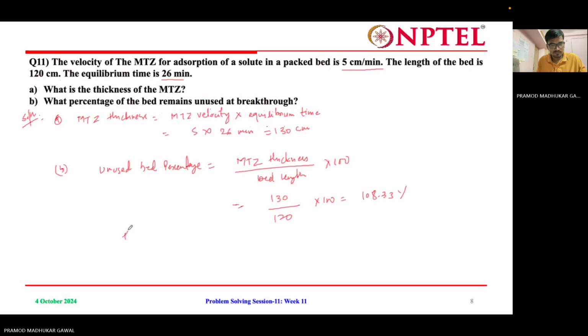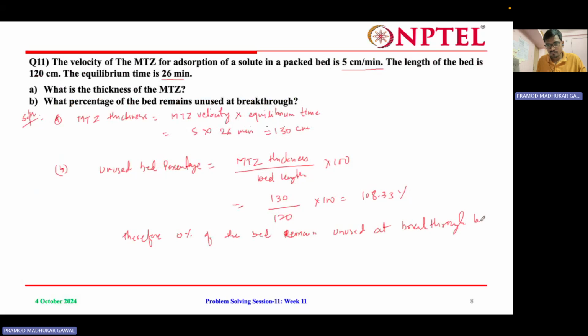So therefore 0% of the bed remains unused at breakthrough, because the MTZ has already covered the entire bed.